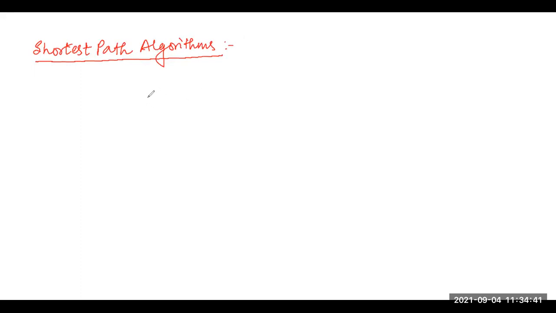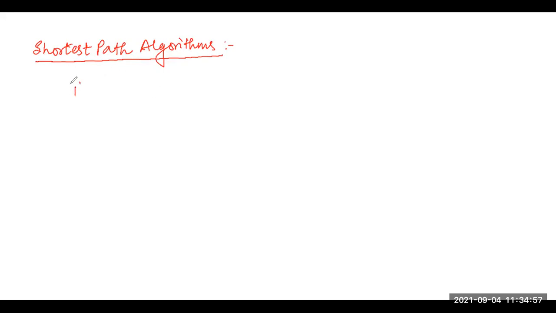Shortest path algorithm means that given a graph, we will calculate the shortest path between the nodes or the vertices of the graph. Several types of algorithms are there.